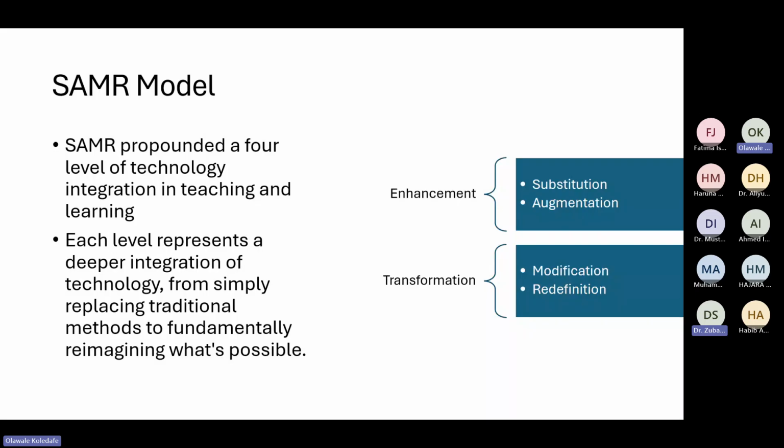And then the last 2 stages are the transformation. This is where you begin to transform. And you can transform either at the level of modification, modifying what is currently ongoing, or redefining what is currently ongoing. So if we're going to transform open and distance learning or open and distance education in Nigeria, we need to be talking about how can we redefine, how can we modify, rather than looking at substitution or augmentation.